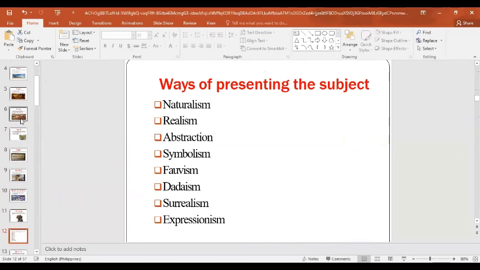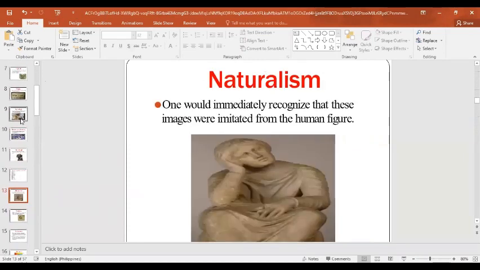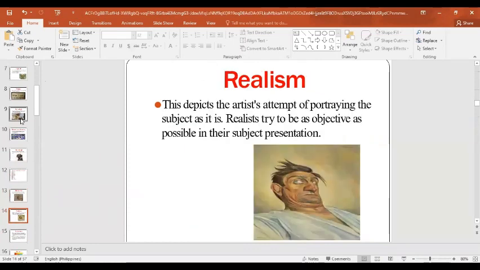So we also discuss ways of presenting the subject. We have naturalism, okay? Kumbaga, imitation from reality. We have realism, accurate, no? Kung ano yung pinoportray ng event or subject na yon, yun mismo yung lumalabas or nakikita natin. Very objective.